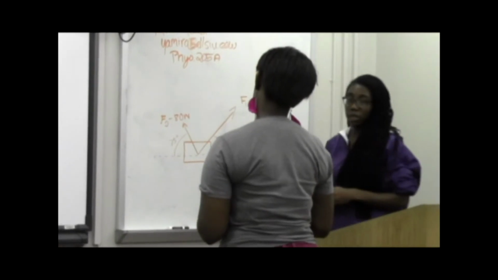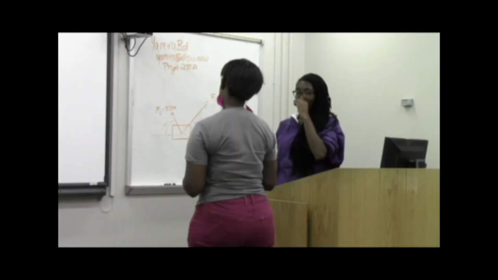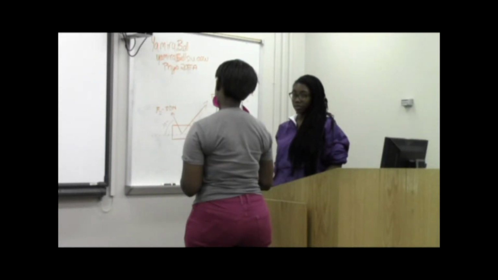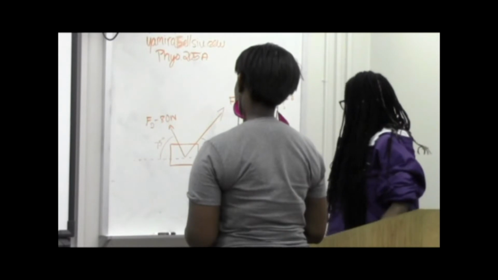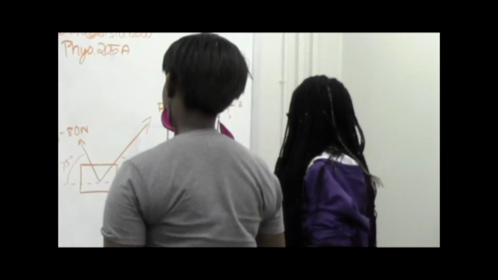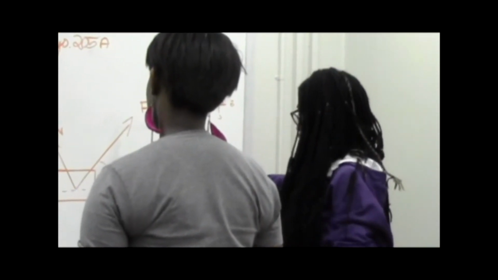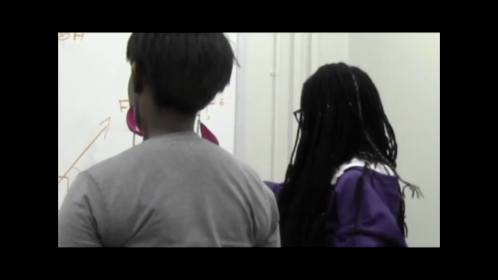What would her displacement be? 21 meters southwest. Let's see, so she goes 10 north, right? And then she goes 5 meters east. So what's the resultant vector just from that small movement?